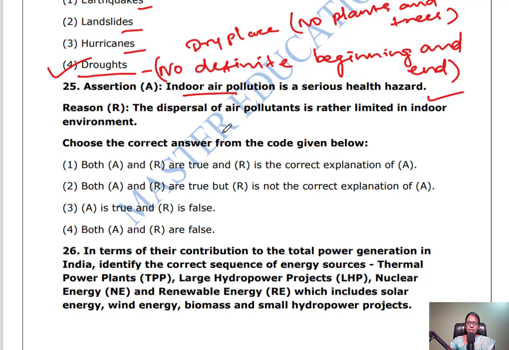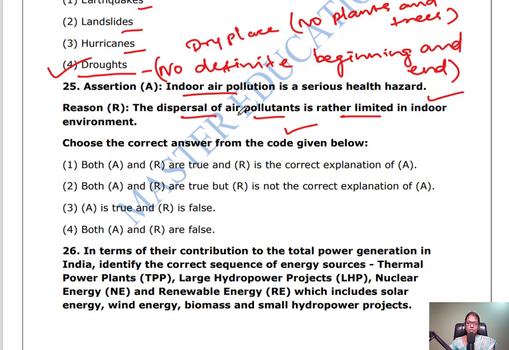The next statement, the reason: the dispersal of air pollutants is rather limited in the indoor environment. Dispersal means the pollutants going out. The dispersal of air pollutants is limited because of limited ventilation in an indoor environment, so this serious health hazard happens.